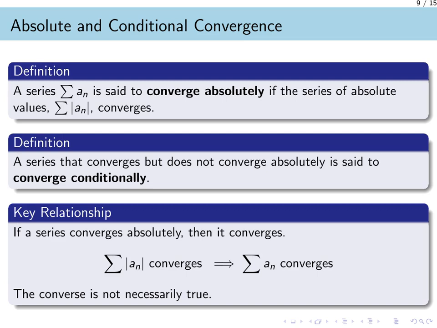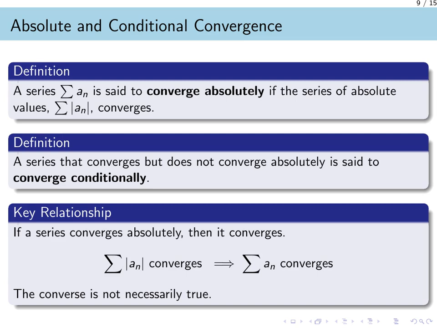Second, a series converges conditionally if the original series converges, but the series of its absolute values diverges. Its convergence is therefore conditional upon the cancellation that the negative terms provide. The alternating harmonic series is our classic example of a conditionally convergent series.